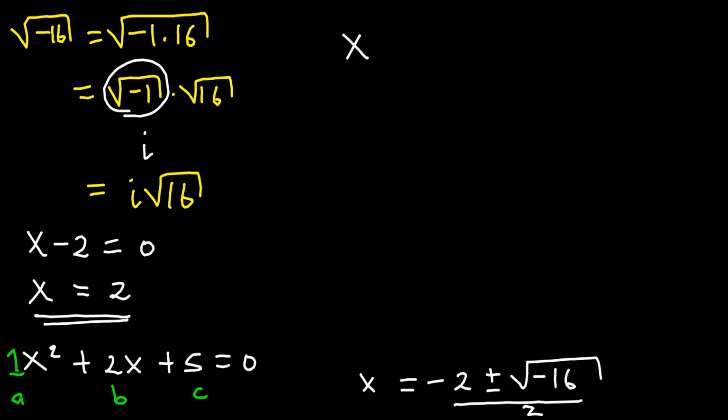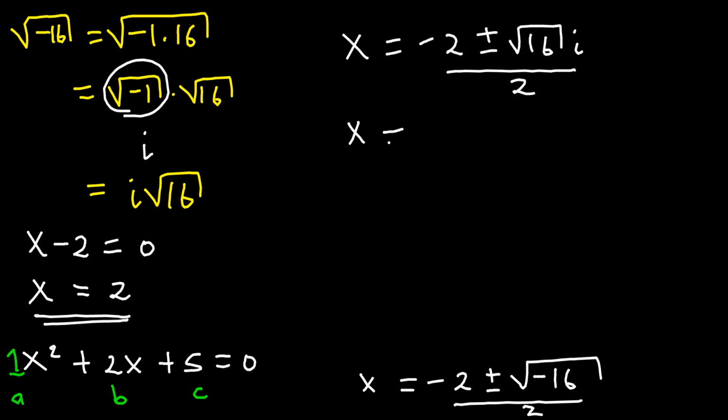Therefore, x will be equal to negative 2 plus or minus the square root of 16 times i, and this will be divided by 2. So x will be equal to negative 2 plus or minus the square root of 16, which is 4, times i divided by 2. Now this 2 will cancel with this and that, and we shall remain with 2.